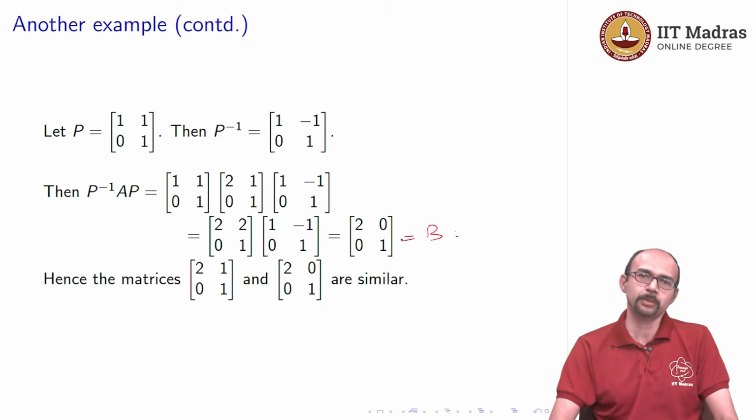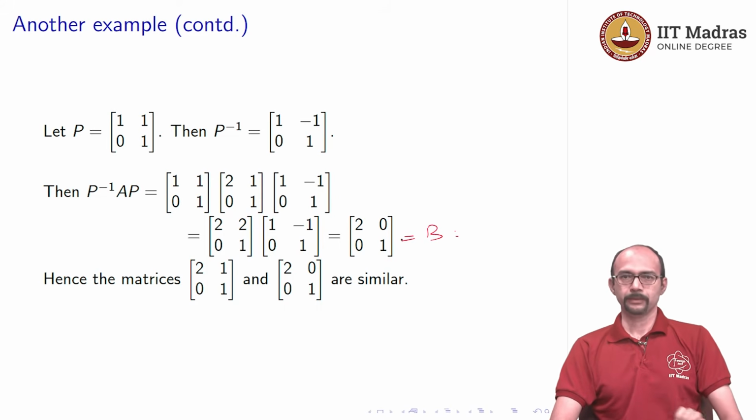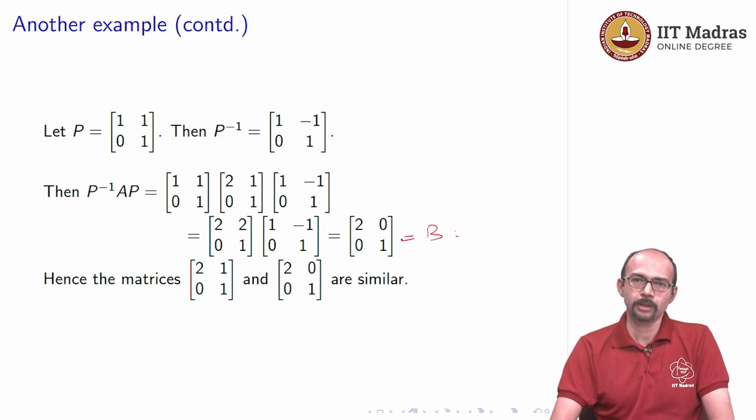So, we have seen two examples where we took linear transformations from two vector spaces to themselves, expressed each time these linear transformations with the same basis on both sides.